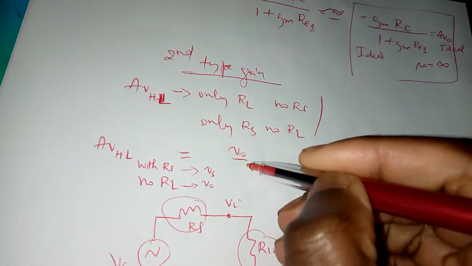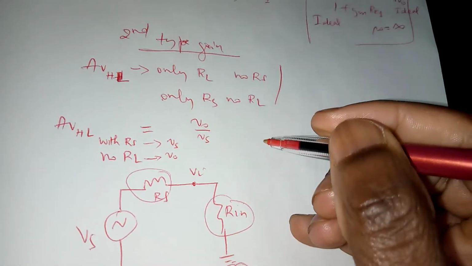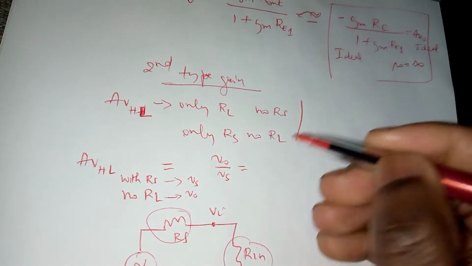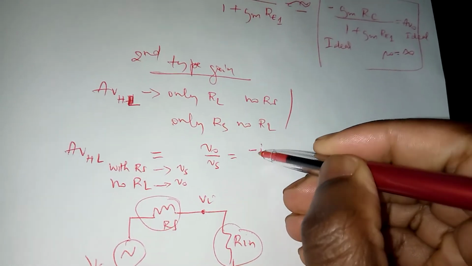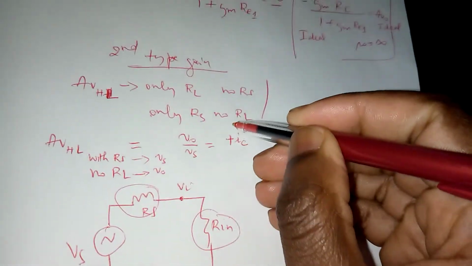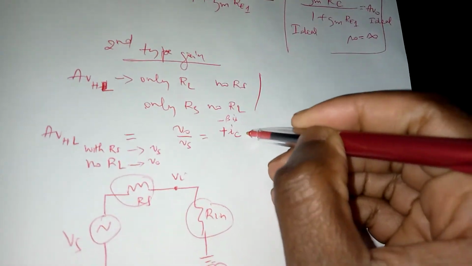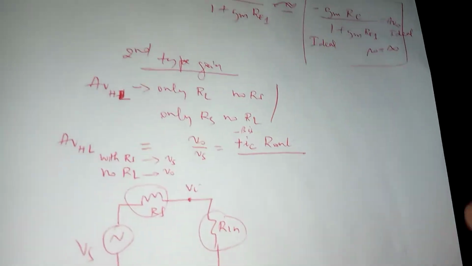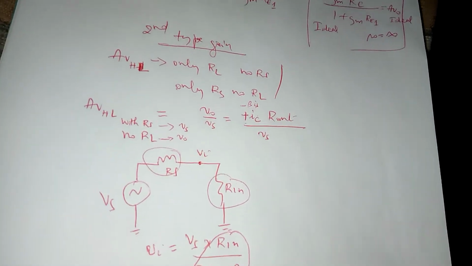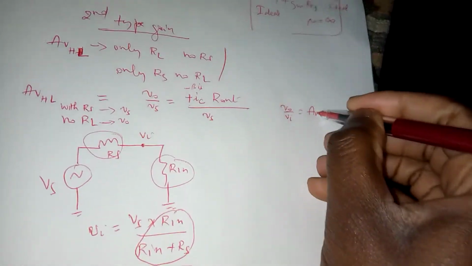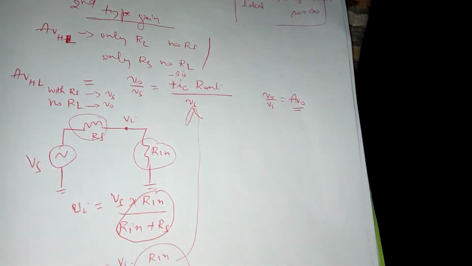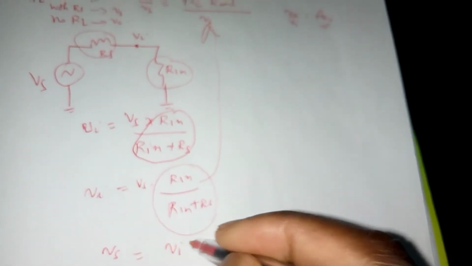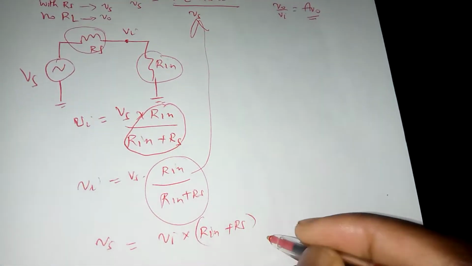So the half-loaded gain is V out over VS in this case, where V out is still the same, minus IC if we consider that IC is beta IB, or plus IC if we consider that IC is minus beta IB, multiplied by R out, but on the input side we've got VS. Since we already know V out over Vi, which is the unloaded gain or the open loop gain, and we have its formula, all we have to do is express VS in terms of Vi, and that will be Vi times Rin plus RS, all divided by Rin.